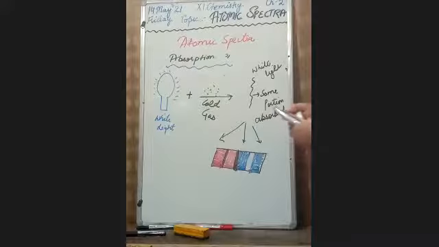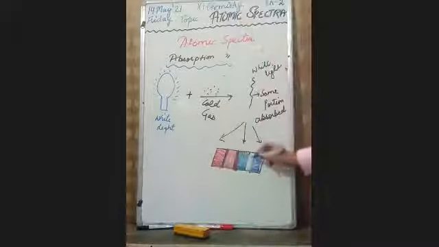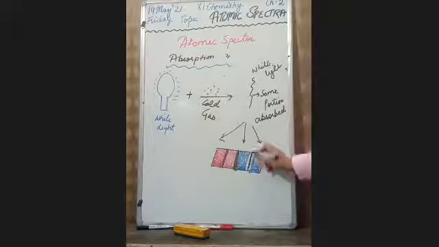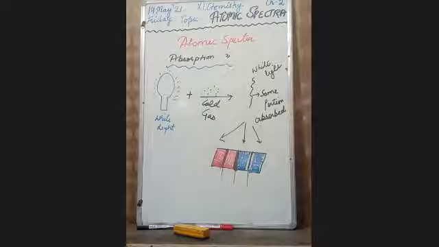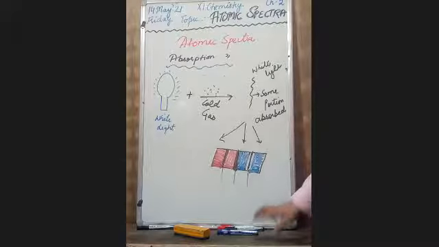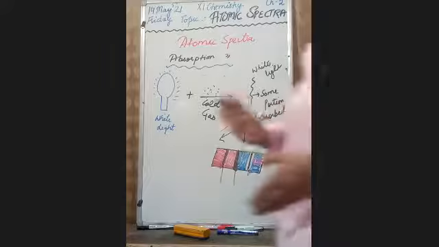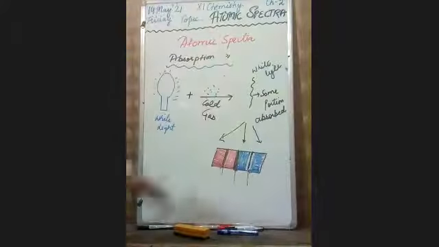These dark bands represent the regions in which matter absorbs these radiations, and the spectrum which we obtain from this is the atomic spectrum. Okay, this is the atomic absorption spectrum.